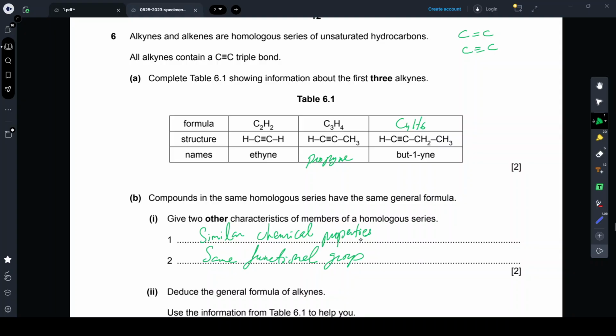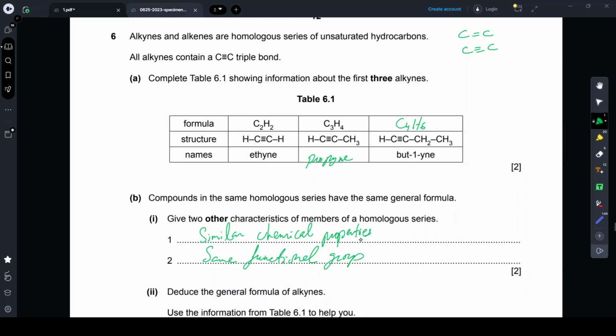So what you're saying, Adam, is that there's a trend in their physical properties. They start off perhaps as gases and then liquids and then solids. And obviously their melting and boiling points will be accordingly. So the larger the molecule, the higher the melting and boiling points.